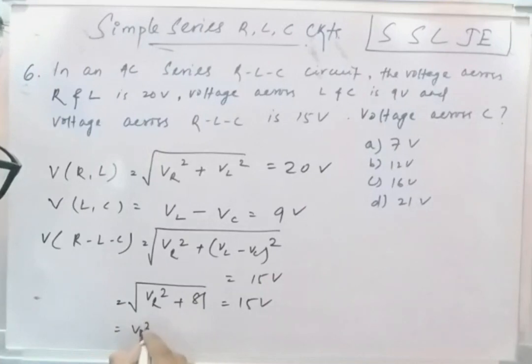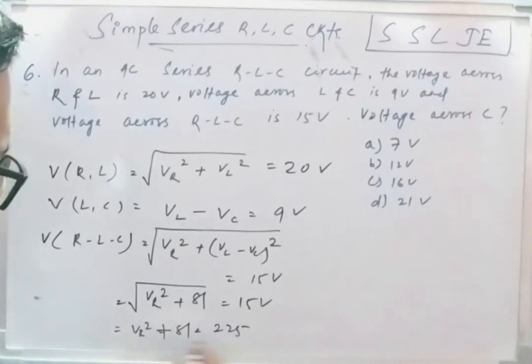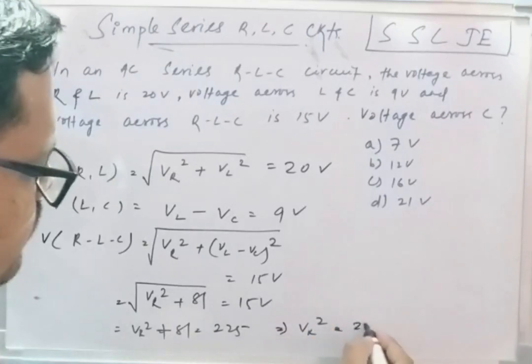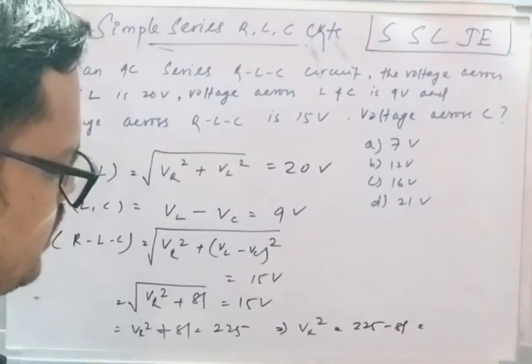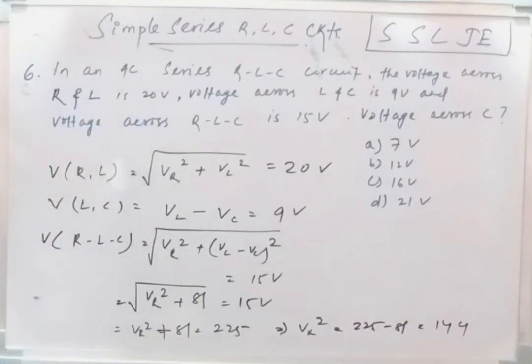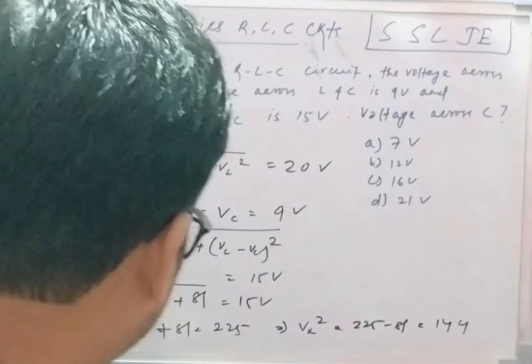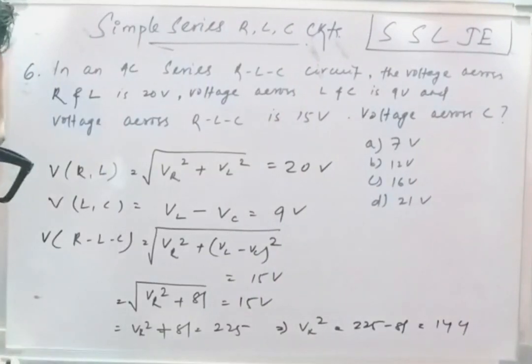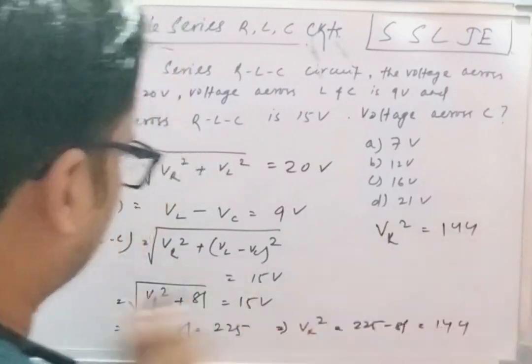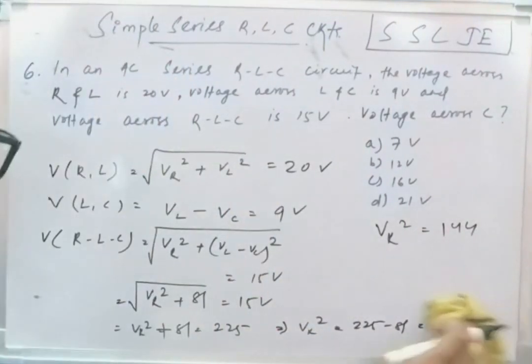So VR square plus 81 equals 225. VR square will be 225 minus 81, that is 144. So we got VR square as 144. Okay, just write it: VR square equals 144. I'm clearing this out.